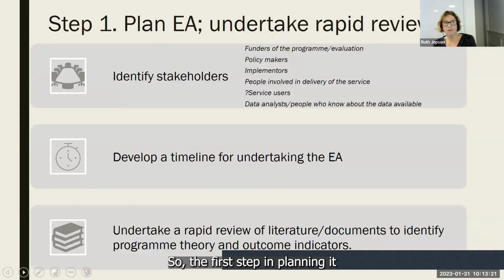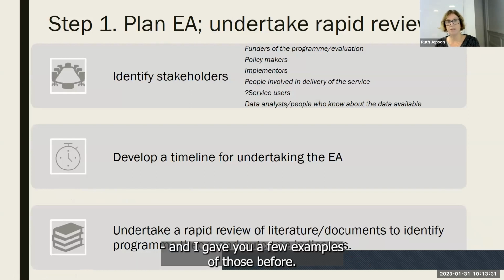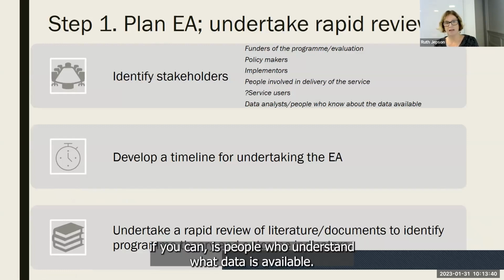So the first step is to plan it and undertake a rapid review. It's really important that you first of all identify the stakeholders that you want to come to your workshops. I gave you a few examples of those before. One of the ones you might find really useful to have there, if you can, is people that understand what data is available.